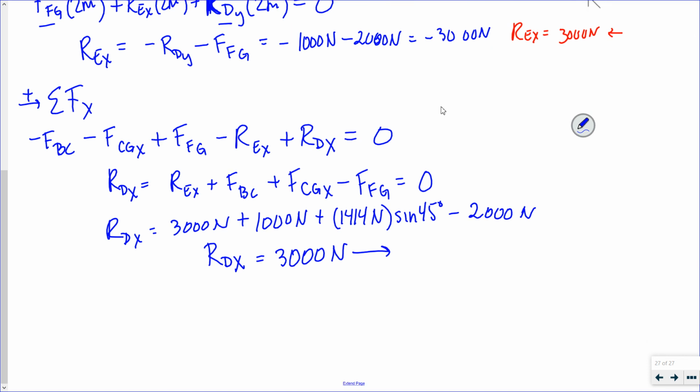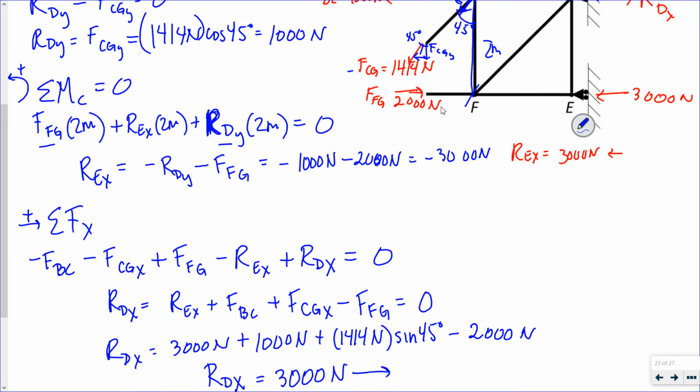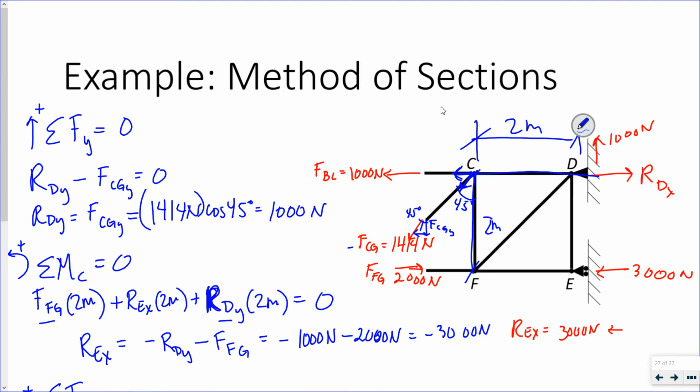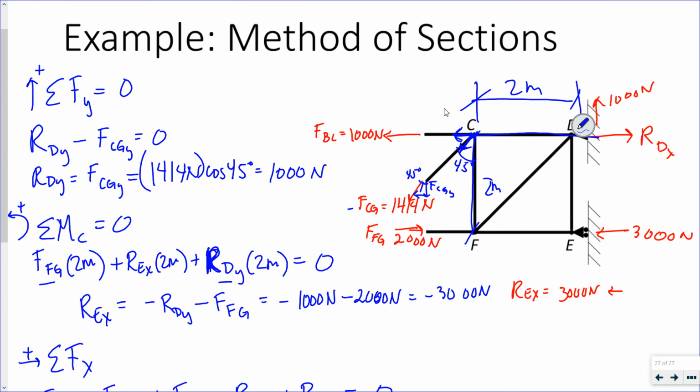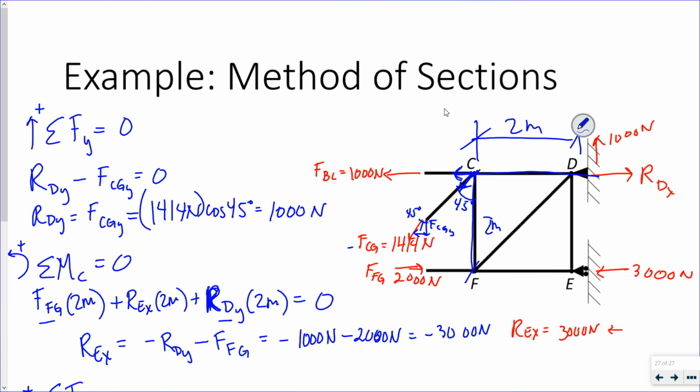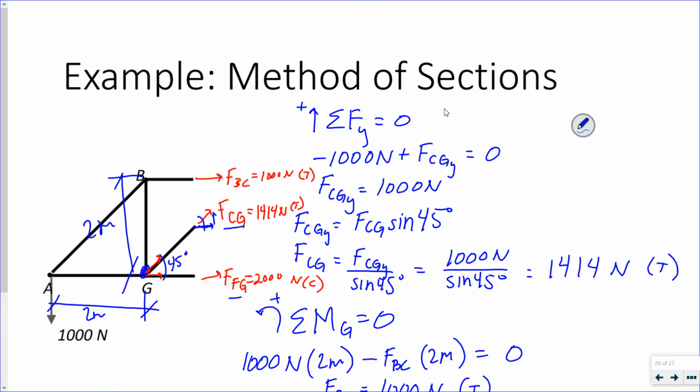Now, if you wanted to continue to solve this truss by method of sections or method of joints, right? If we go back to the first one, maybe I could solve the A, or I could cut it. Well, that would actually be the same thing.